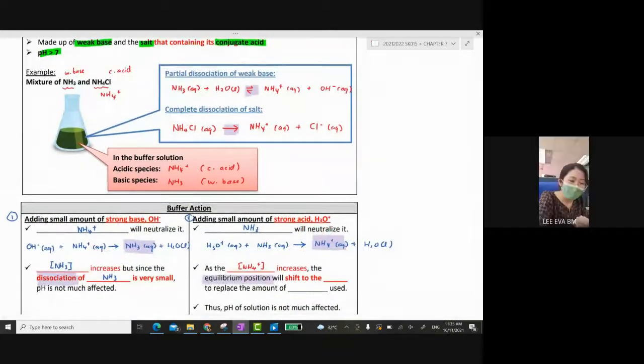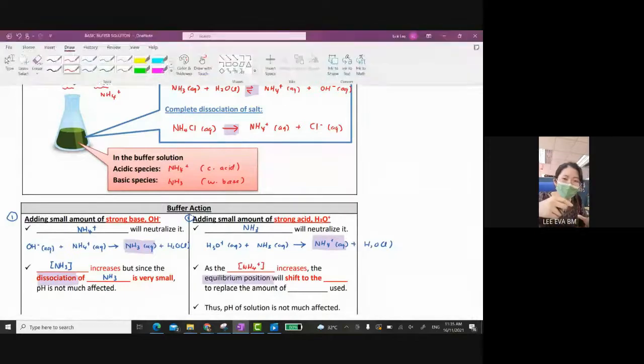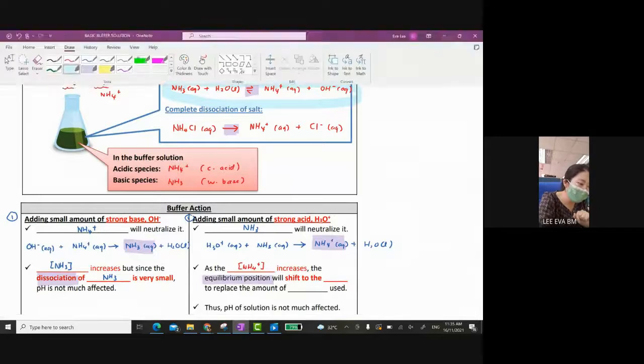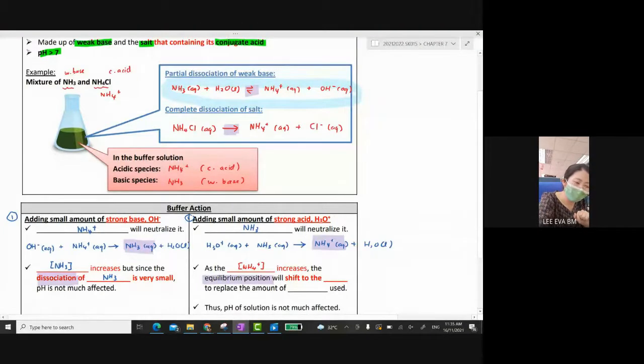Okay, for the explanation of the equilibrium shift, you need to look back at the very first equation that we are using. So here, Madam circles it. If the concentration of your conjugate acid increases, the equilibrium will shift to the left to replace the weak base that you have used.